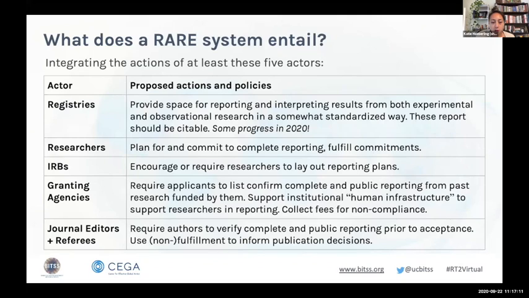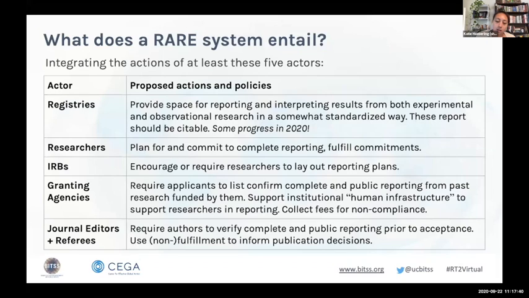Granting agencies probably have the most power here. I mean, they generally do no matter what, but for this specifically, if anyone here has submitted a proposal to the NSF or to the NIH or other public agencies, they generally ask you to confirm or to briefly discuss the results of research that they have funded for you in the past. They don't necessarily ask you to confirm where these results are.